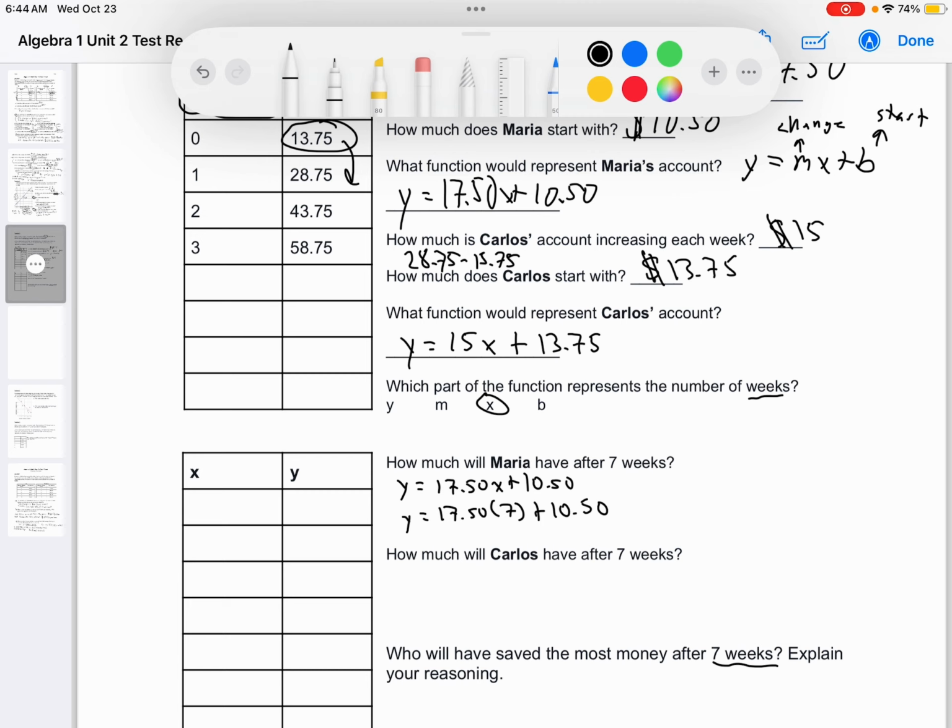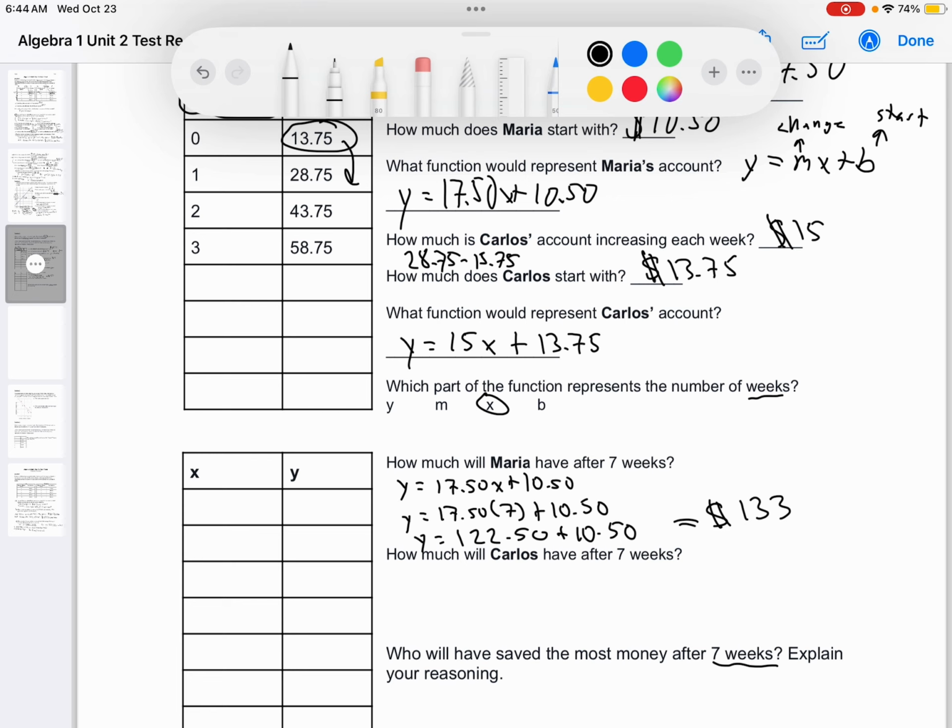You can put this into your calculator. $17.50 times the 7 weeks would be $122.50 plus the $10.50 that she started with. So $122.50 plus $10.50 would give her a total of $133.